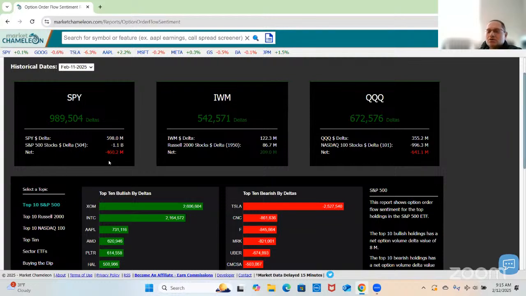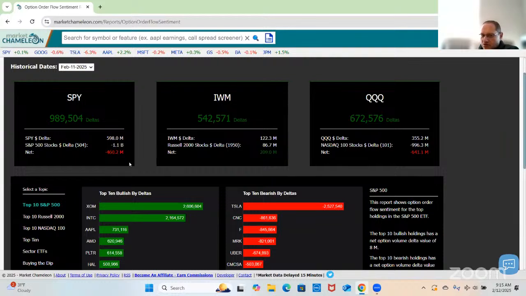But if we combine all the S&P 500 components, what we find is a different viewpoint of a negative 1.1 billion, actually bearish on balance. So if we combine those two, we got a net negative delta of 460 million in the S&P 500, ETF and components combined.